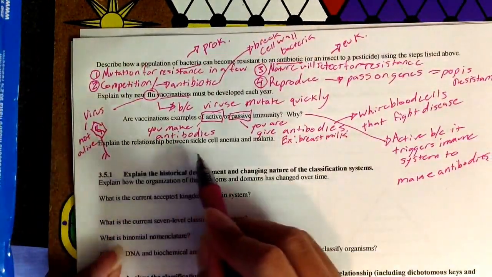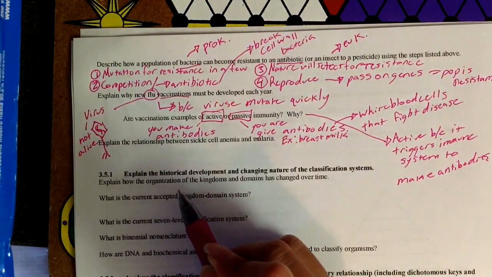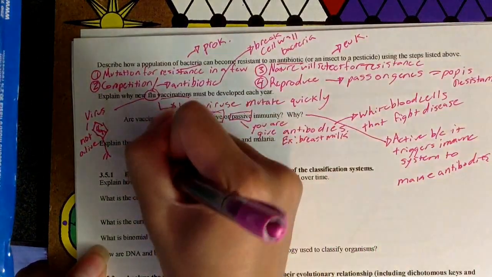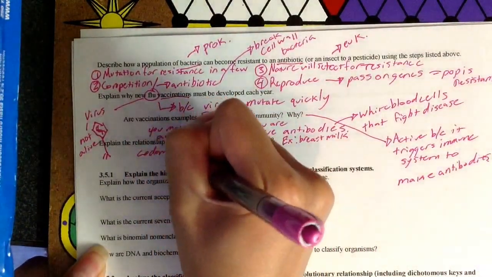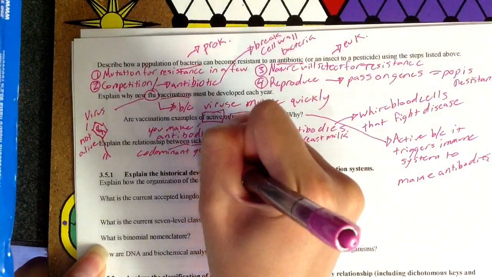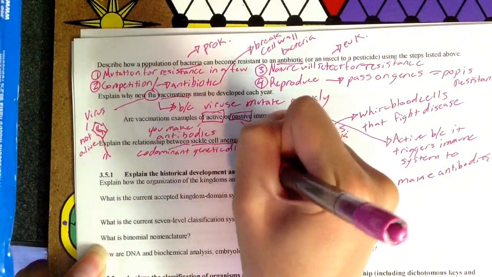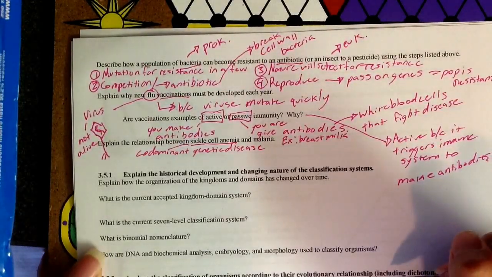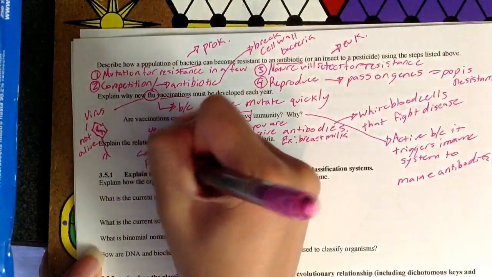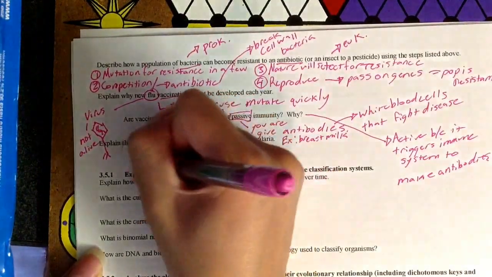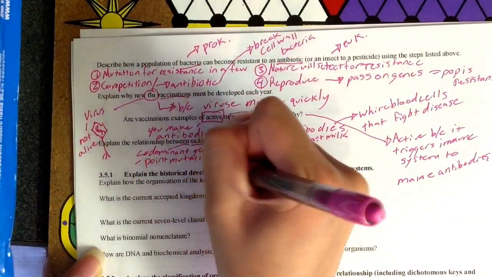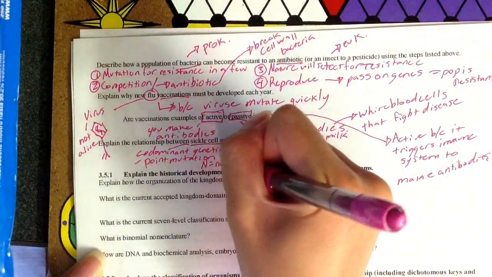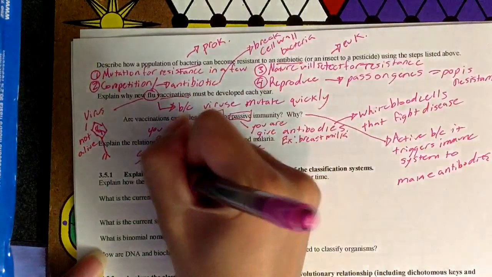Next question. Explain the relationship between sickle cell anemia and malaria. Well, let's remember that sickle cell anemia is a codominant genetic disease. Because of a simple mutation, an actual point mutation in our DNA sequence, you actually have some normal cells and sickle cells.